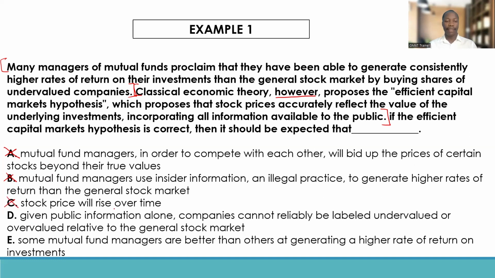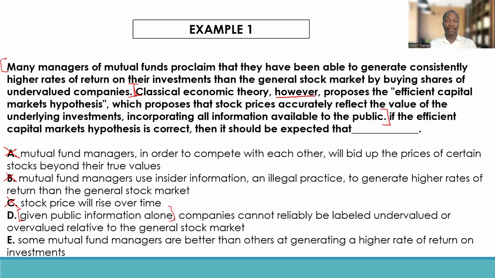D, given public information alone, companies cannot reliably be labeled undervalued or overvalued relative to the general stock market, right? This, I believe, agrees with, first of all, this first part of the sentence, given public information alone.